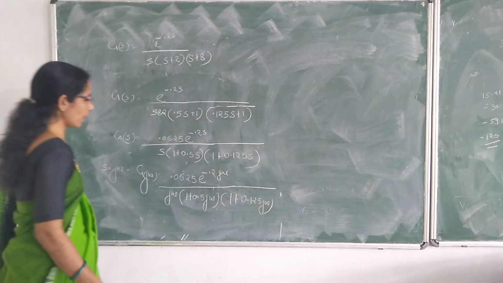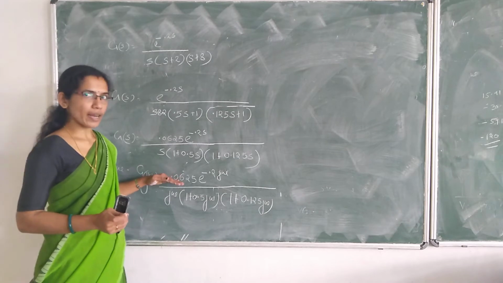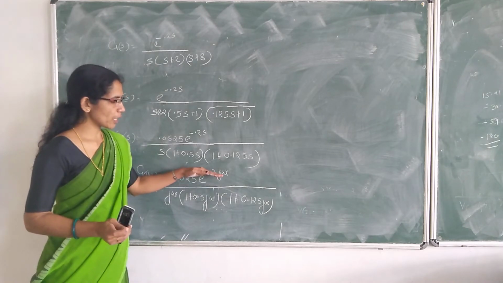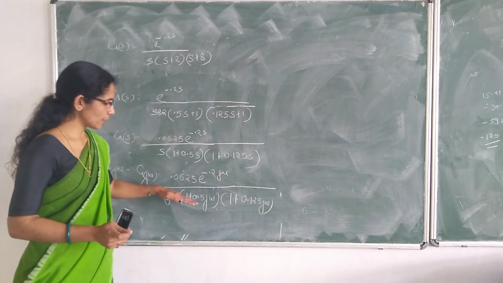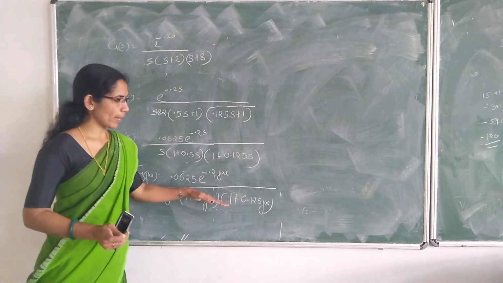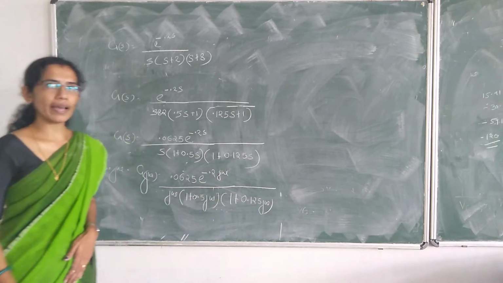So we got g of j omega equals 0.0625 into e raised to minus 0.2 j omega by j omega into 1 plus 0.5 j omega into 1 plus 0.125 j omega.